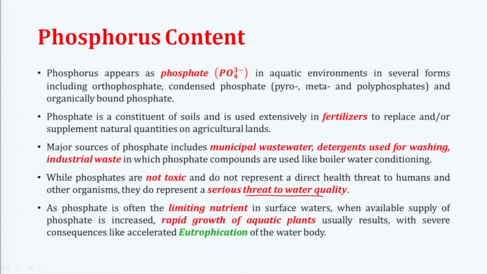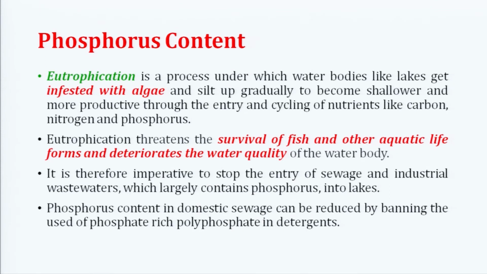As phosphate is often the limiting nutrient in surface waters, when the available supply of phosphate is increased, rapid growth of aquatic plants usually results, with severe consequences like accelerated eutrophication of the water body. So, eutrophication will happen. So, what is eutrophication?